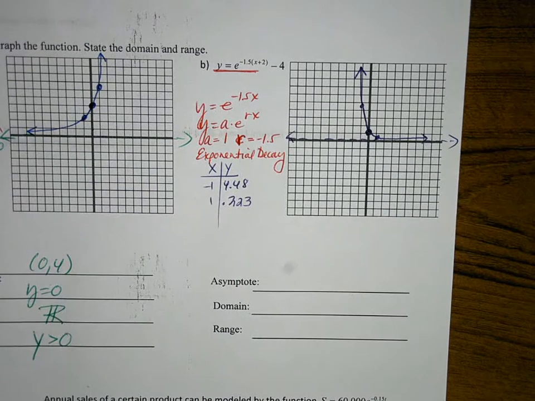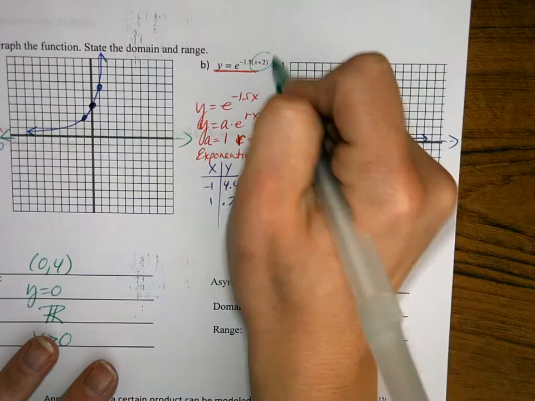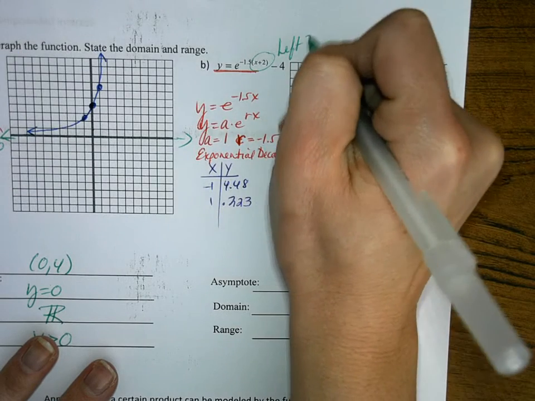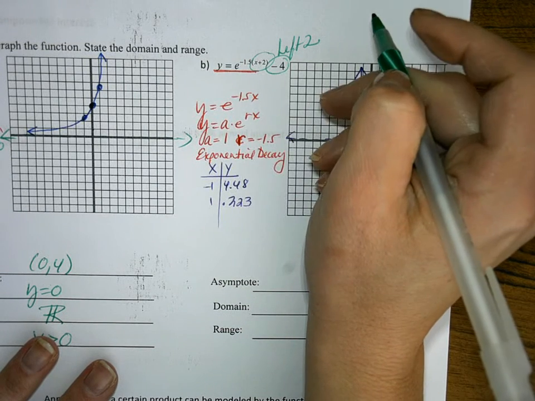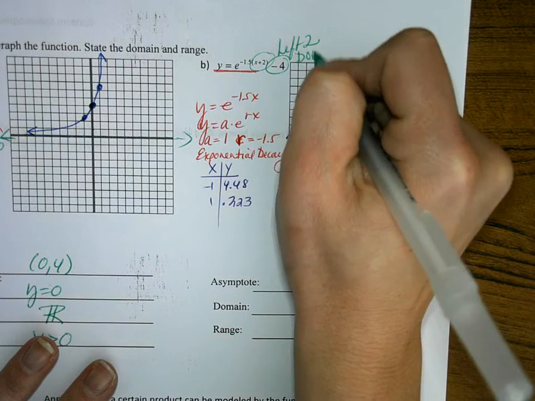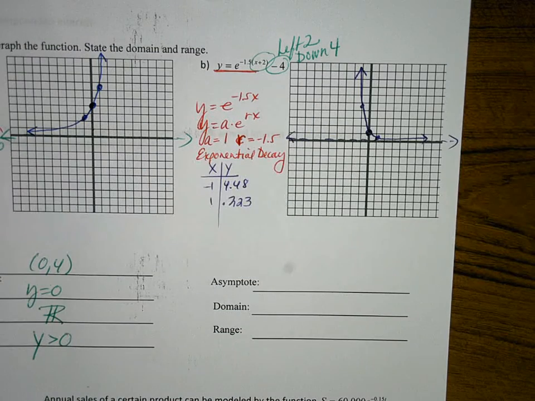Tara, what happens to that parent function? Beautiful. That x plus 2 means that I move it left 2. That -4 at the end, my k value of -4, means that I move it down 4. All right, first thing I like to move is my asymptote. If I move that asymptote, where is it going to be moved to?